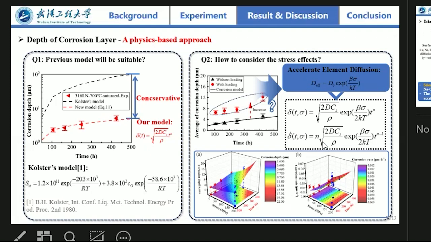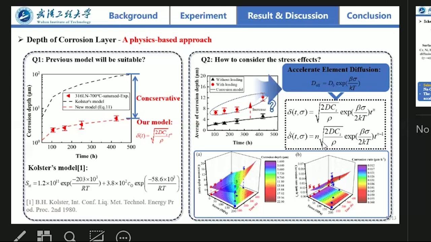And question two is how to consider the stress effects. You can see in this picture, the black dot is the result in sodium without loading, and the red dot is the depth of the corrosion layer with loading. This equation can't fit the results with loading very well.